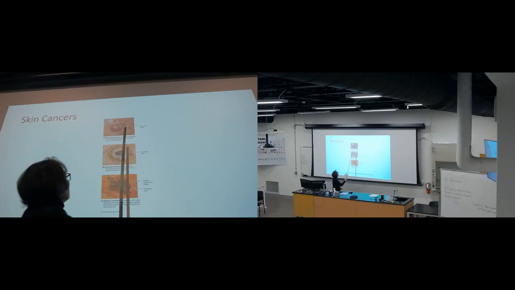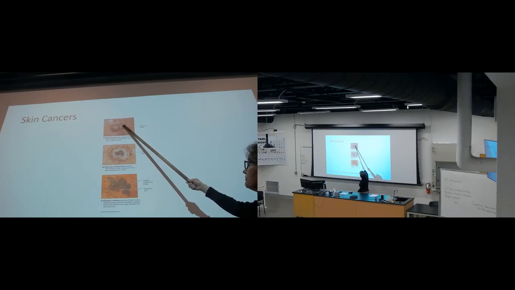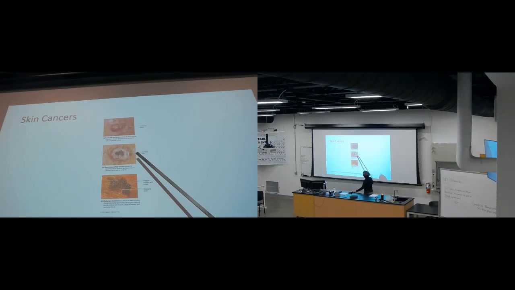So here is basal cell carcinoma. It's a nodule with a crater in the middle. The squamous cell carcinoma is a flat, ulcerated lesion with irregular borders. And then here we have a malignant melanoma. So this has, of course, irregular borders.